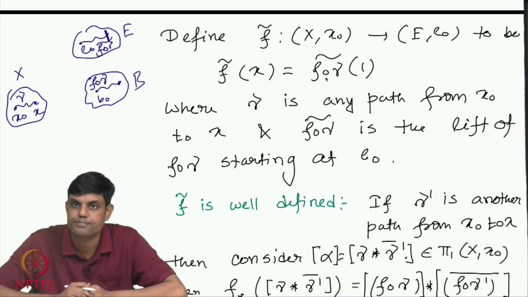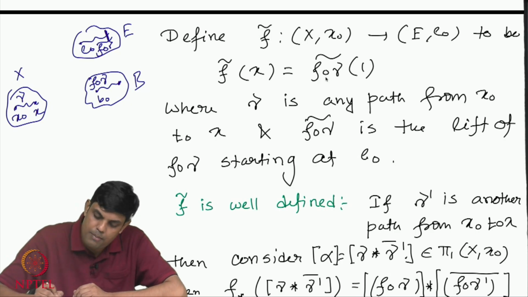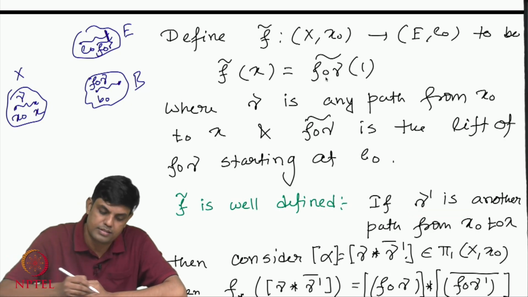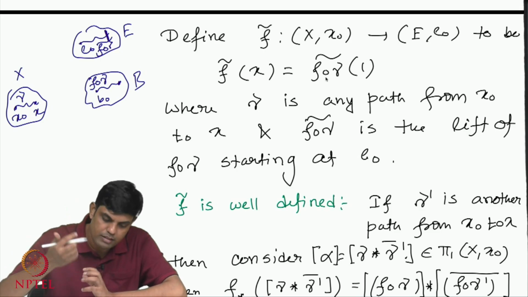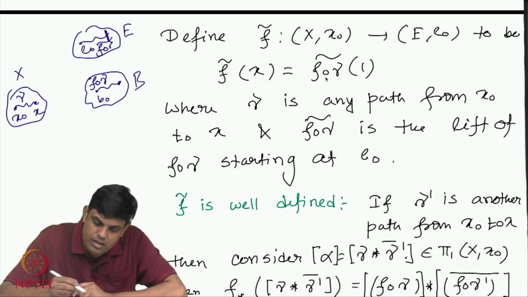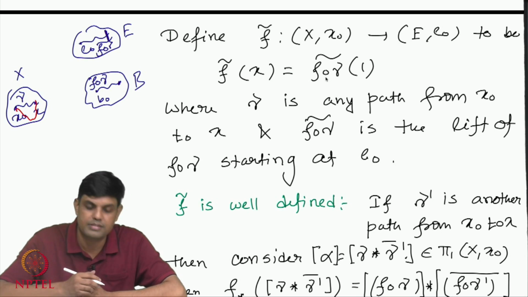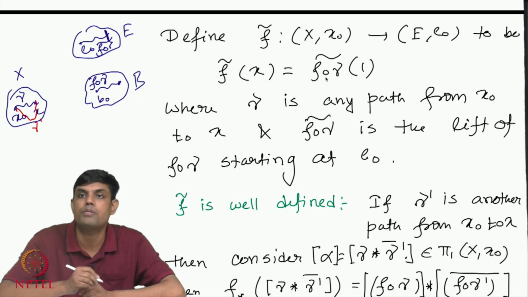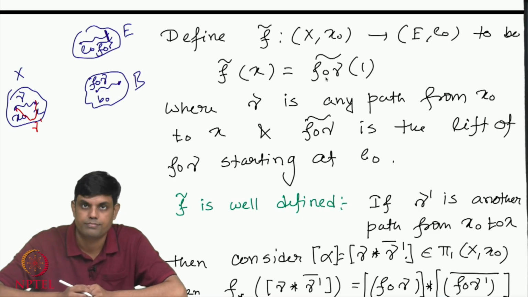So, first of all, if gamma prime is another path from x0 to x, then again the idea is similar to what we have done. The composition of gamma and gamma prime bar is a loop at x0.